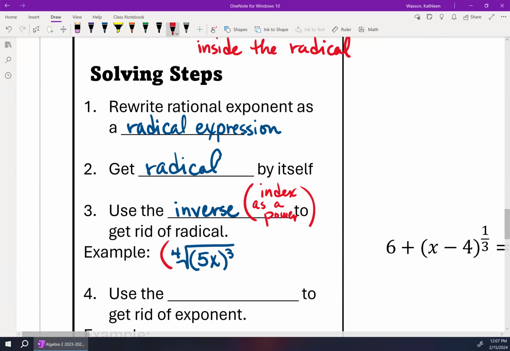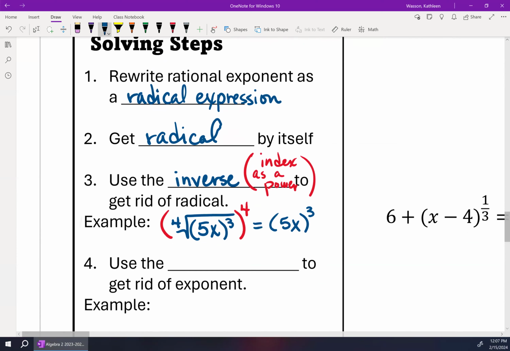So we would raise this to the fourth power to take the radical off, because fourth root and fourth power, so I use this index as an exponent to strip that radical off. That would leave me with 5x to the third, but with no radical then.